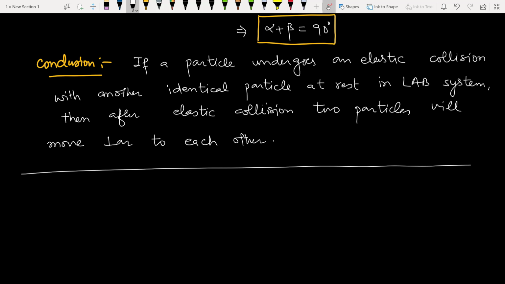The directions of the particles after collision will be perpendicular to each other.